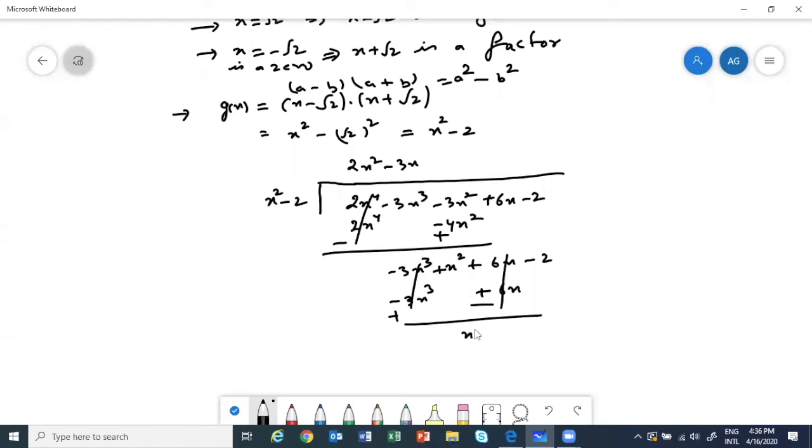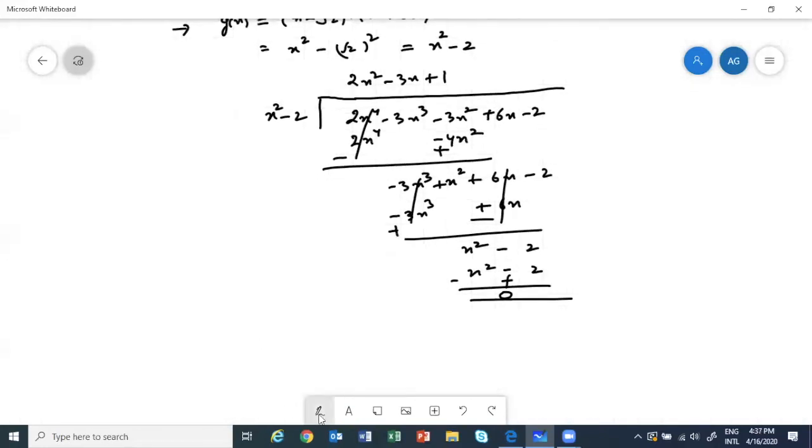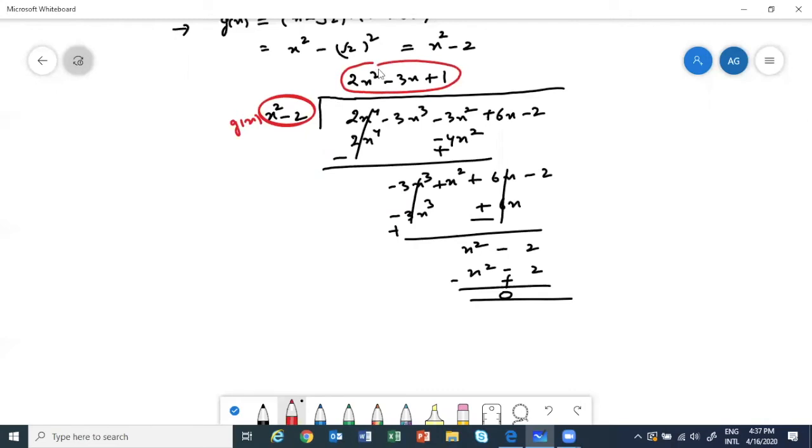So we have x square minus 2 here. So now one time. So what will happen? x square minus 2, and here what is happening? Remainder is 0. So now remainder is 0. What we have? This is our G(x). This is our Q(x).